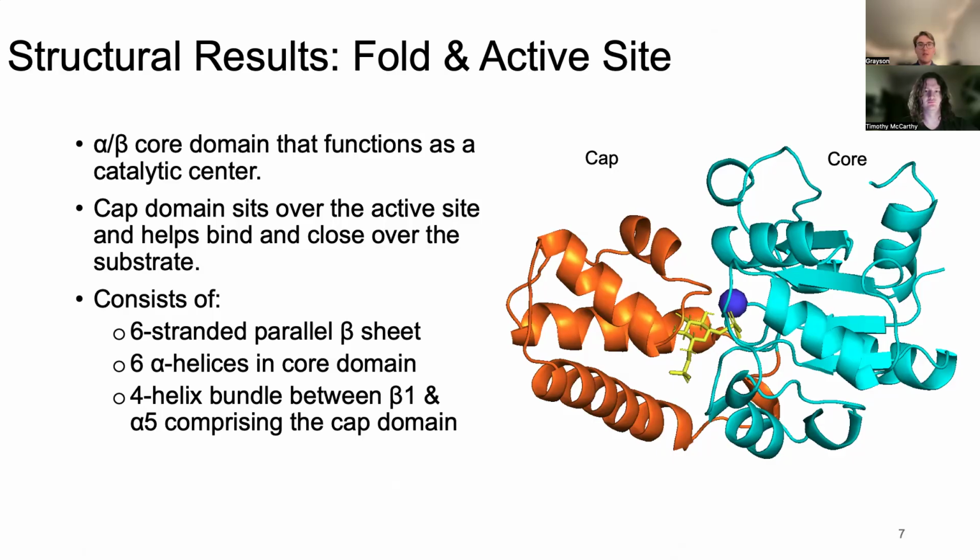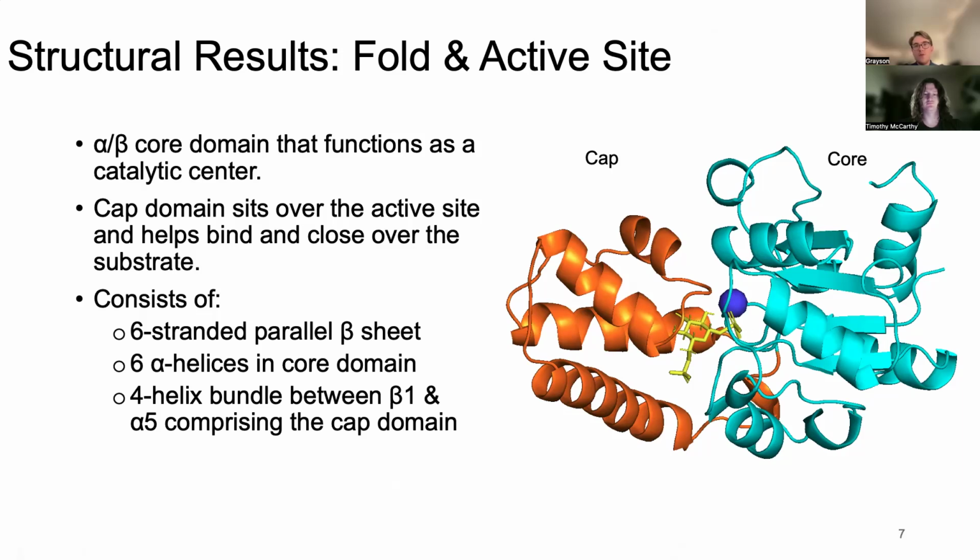Aspartic acid 8 also lies in the center of our active site pocket between our core, as shown in blue, and our cap, as shown in orange. Along with that are our magnesium ion, as shown in dark blue, and the substrate, as shown in yellow.